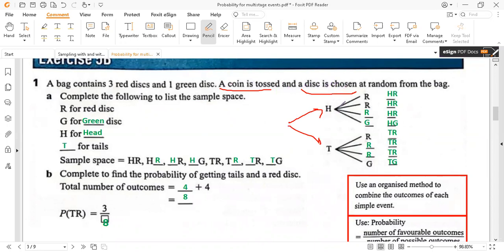When performing the second event, we want to choose a disc, and we have in the bag 3 red and 1 green, so we can obtain red or green.